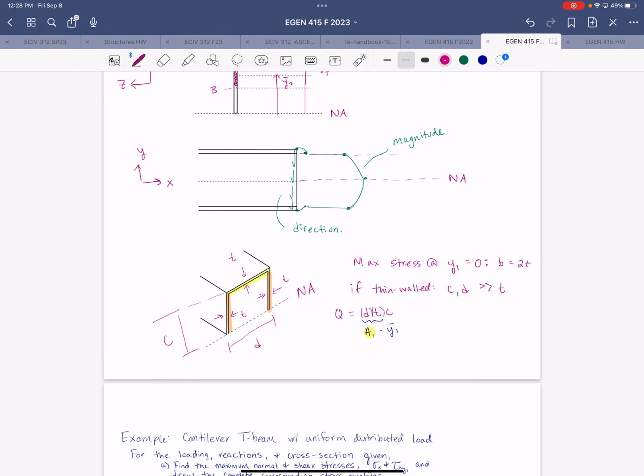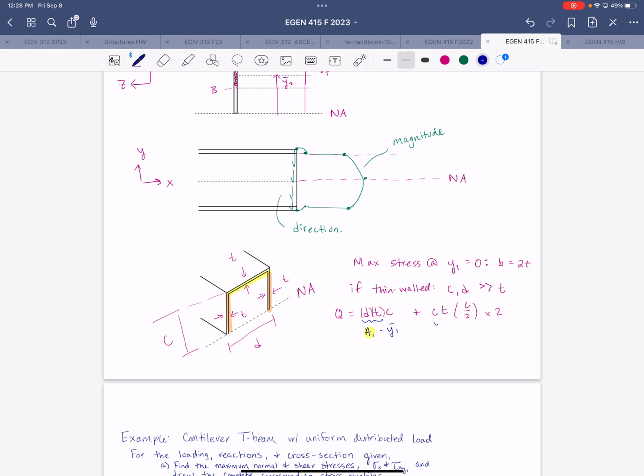There we go. And then we would want to add to that evaluation for Q of the two vertical sides. So that would be C times T times C over 2. And then there's 2 of them, so we would just double that value.